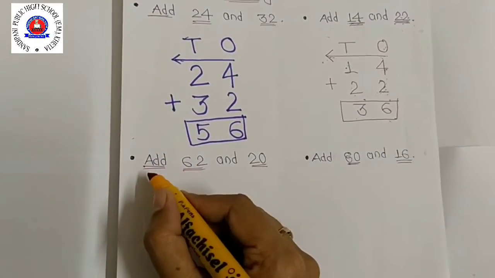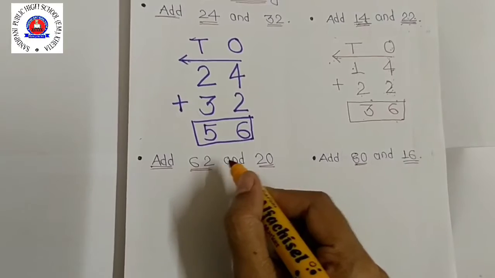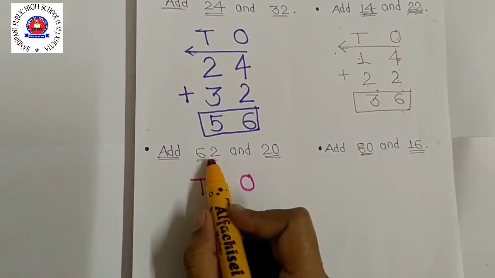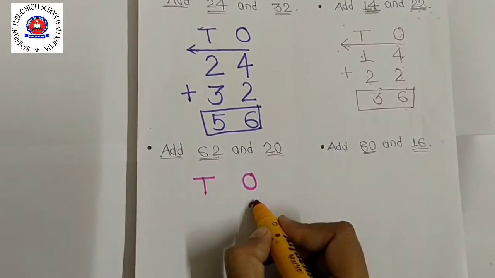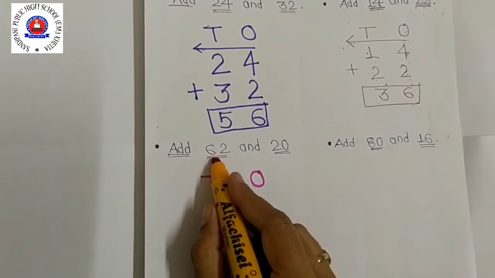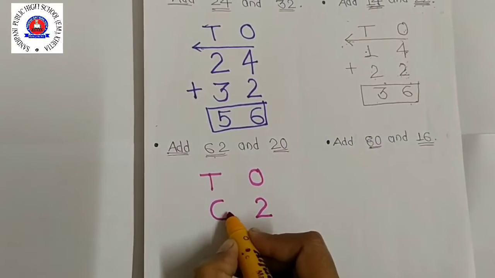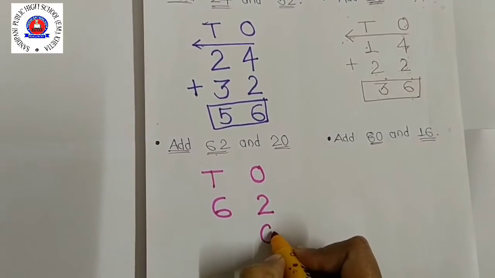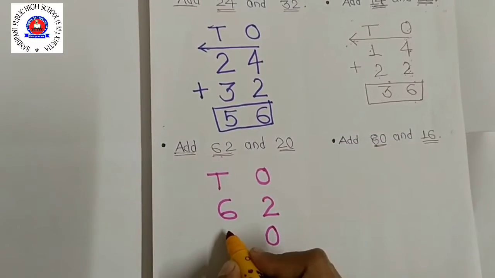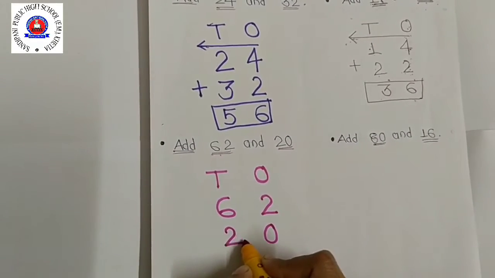Now the next one: 8, 62 and 20. Put the numbers according to their place value. 2 goes in the ones column and 6 in the tens column. In 20, 0 goes in the ones column and 2 in the tens column.